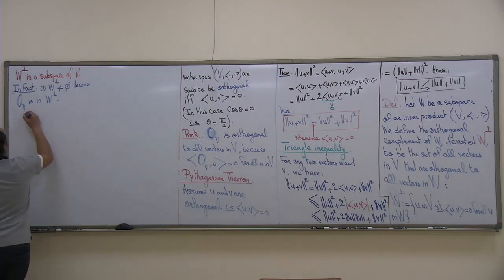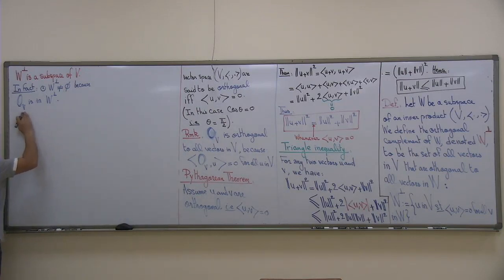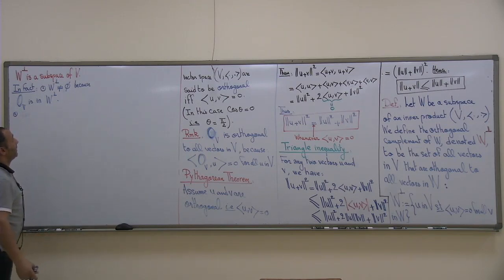Now I'm going to take two vectors in the orthogonal complement, and I'm going to show you that the orthogonal complement is closed under addition and multiplication by scalar.